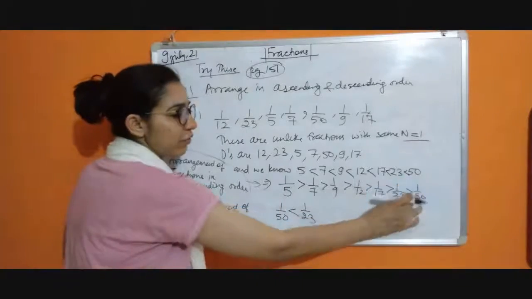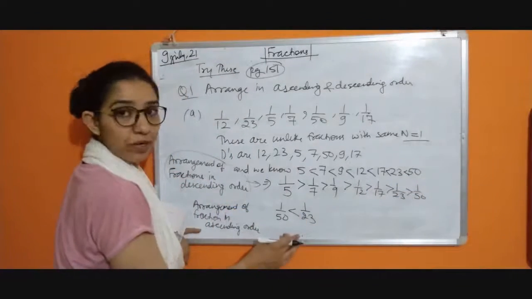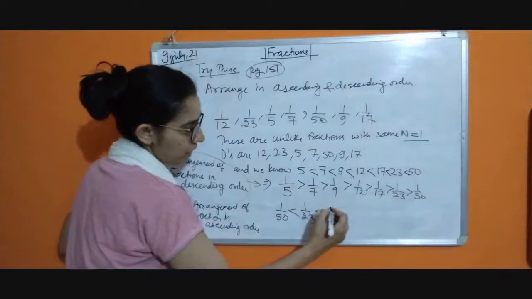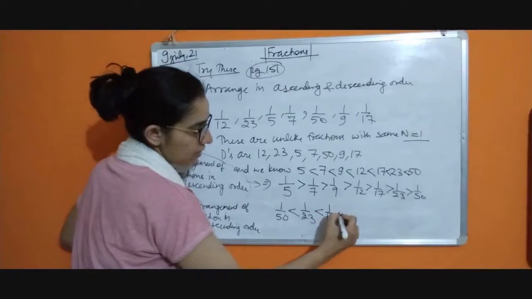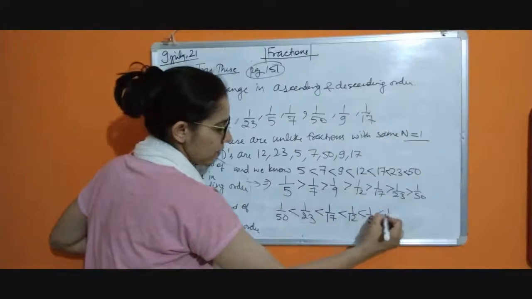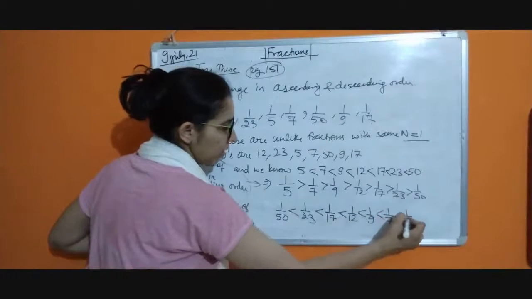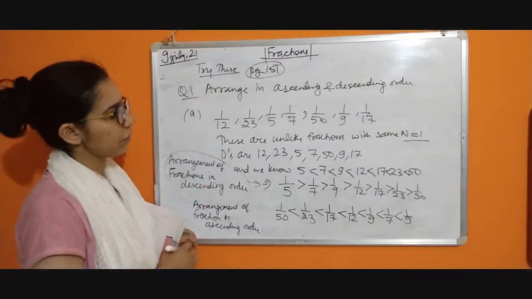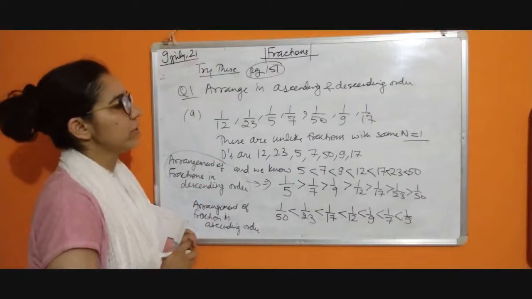So 1 by 50 is still going to be less than 1 by 23. We just need to take care of the signs. So this is 1 by 7 and 1 by 5, and this is our required arrangement. This is how we are going to arrange them.